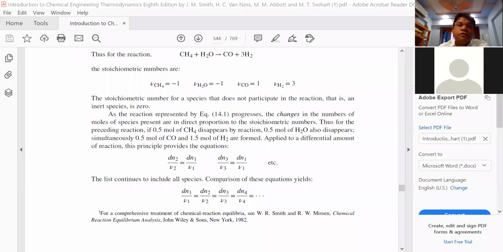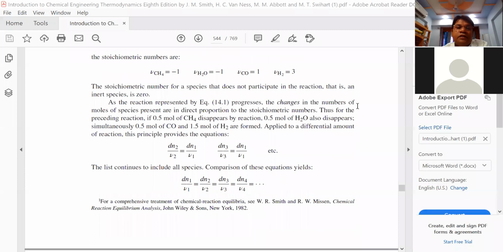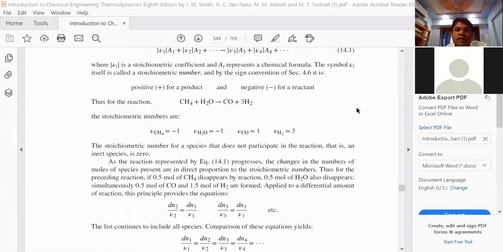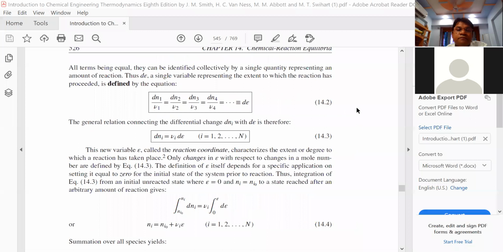Okay. So last class we saw two examples. One example had a single reaction, and we expressed the relation between the stoichiometric coordinates, or extent of reaction, with mole fraction.